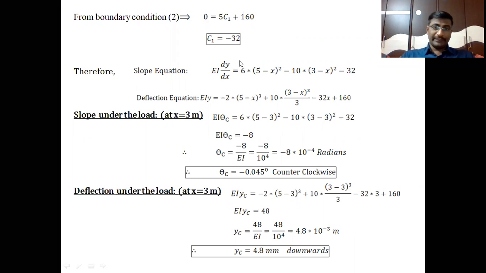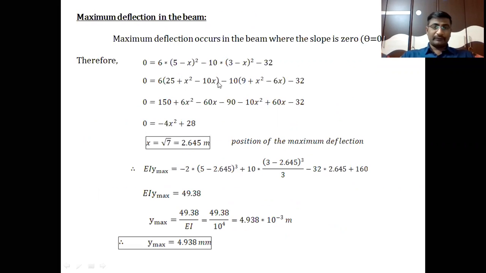If you put the dy by dx value as 0, we will get the x value where the slope is 0. So the left hand side is 0. Maximum deflection occurs in the beam where the slope is 0, theta 0. So 0 equals 6 into 5 minus x whole square minus 10 into 3 minus x whole square minus 32, is the slope equation.